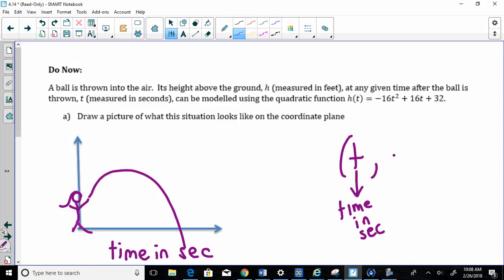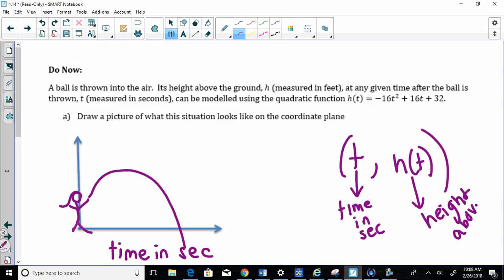And your h of t, or your h, what did that stand for? Height. So height above the ground. So right here is her height above the ground. There's a picture of what the situation is.